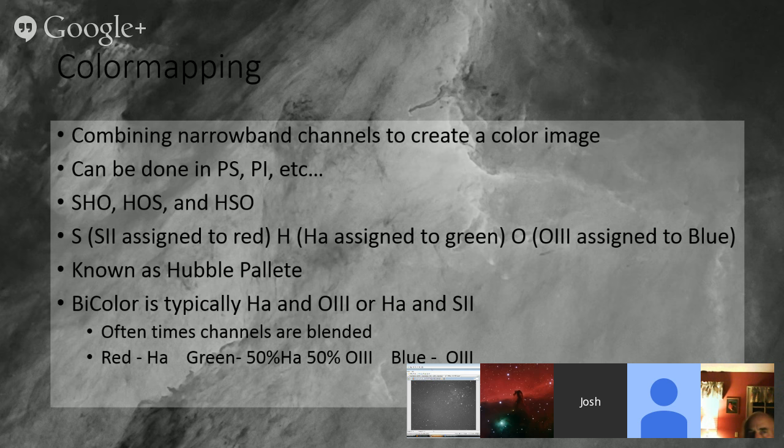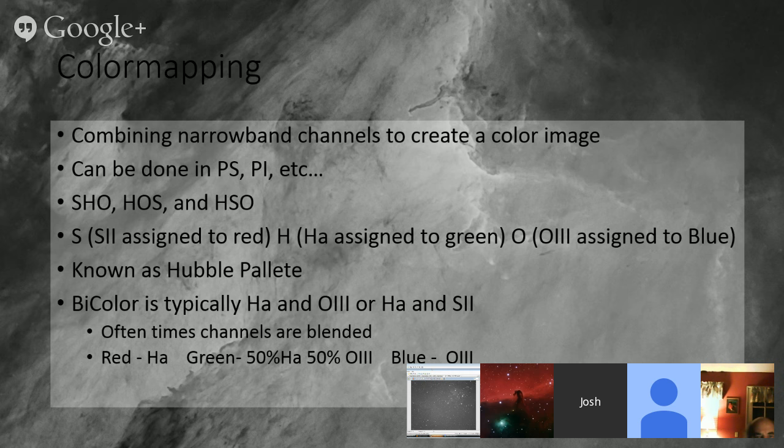And it's all about what makes you happy. Sometimes it's about what makes other people happy, but except for oxygen, the hydrogen alpha and S2 are not real colors, so you can do whatever you want with them.